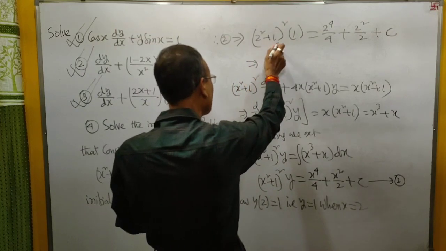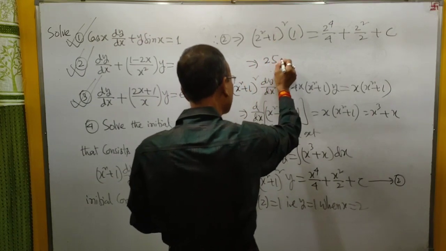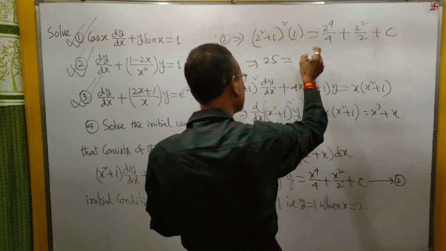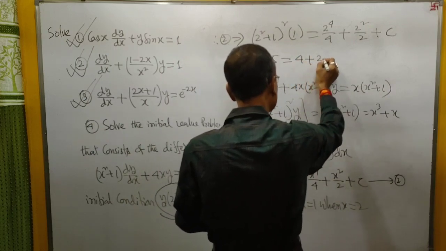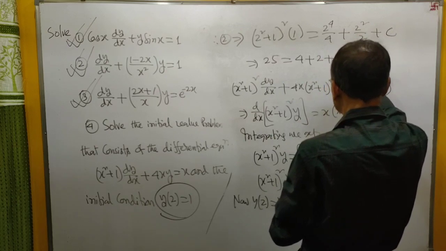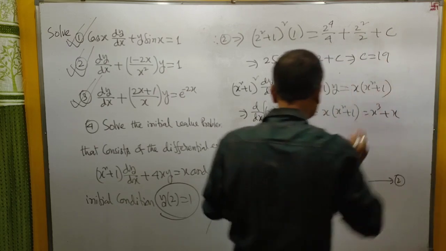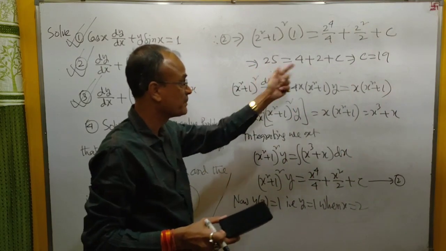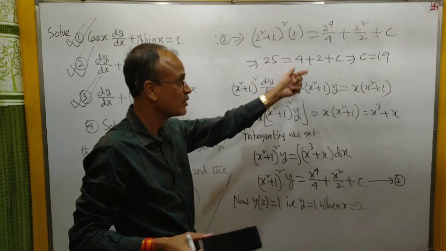Means 5 square, 25, equal to 4 plus 2 plus c. This means c equal to 19.